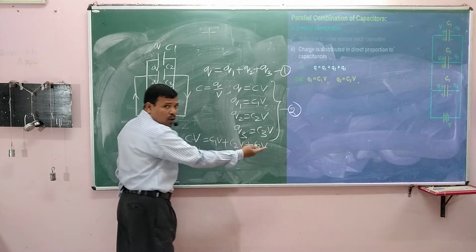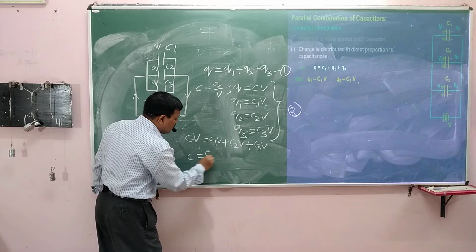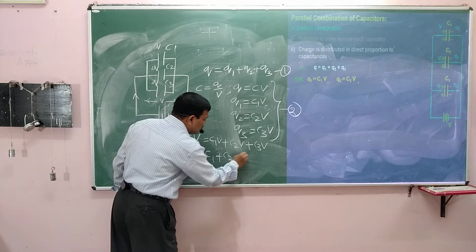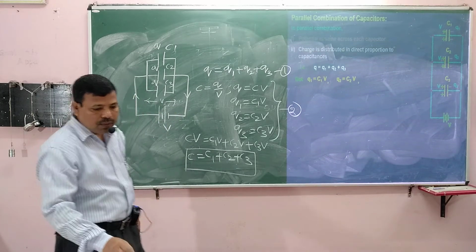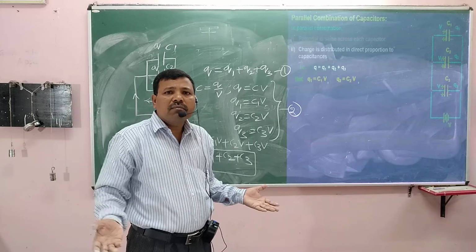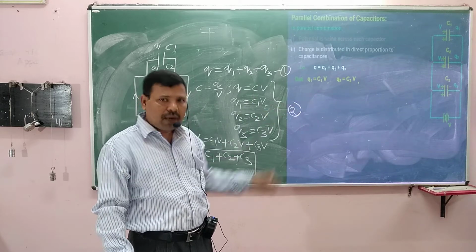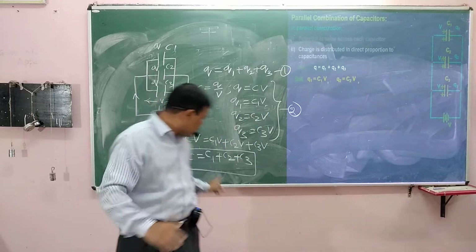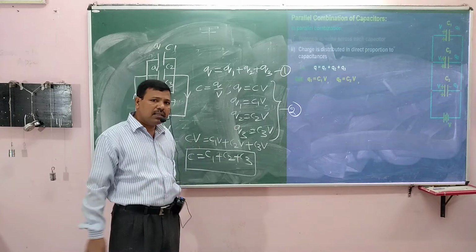Take V common and cancel it with this V. You get C equal to C1 plus C2 plus C3. So, when 3 or more capacitors are connected in parallel, the net capacitance would be sum of the individual capacitances.